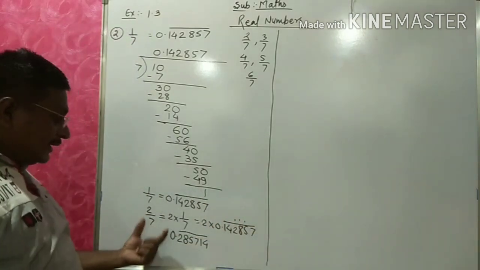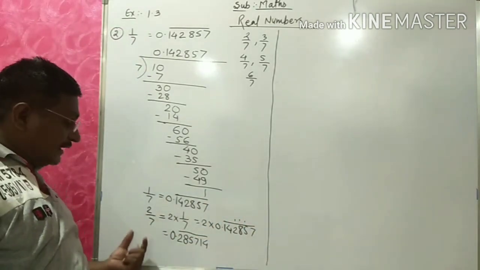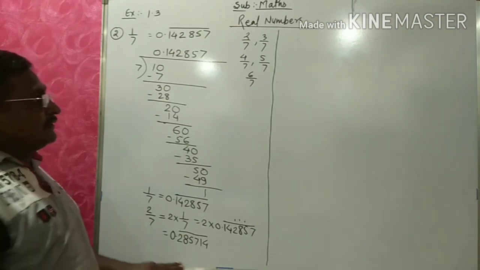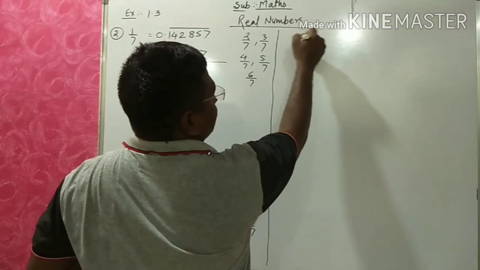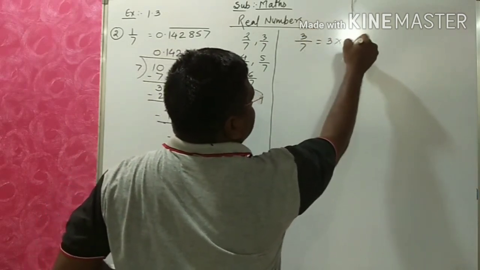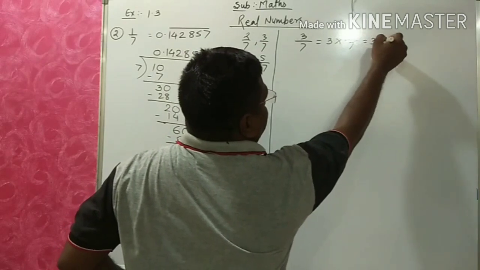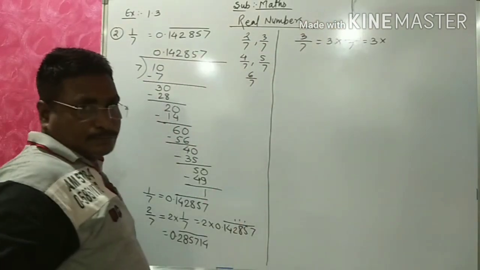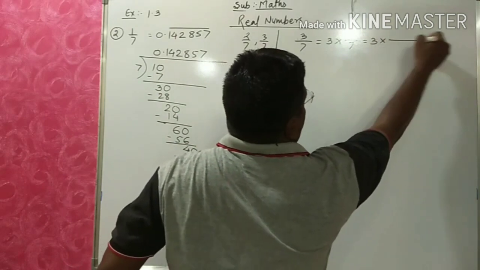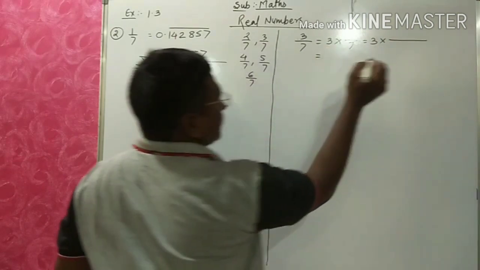So without actual division, we can find the value of 2 by 7. In the same way, 3 by 7 is 3 into 1 by 7. You can do the calculation now, students. Substitute the value of 1 by 7 and find the answer.